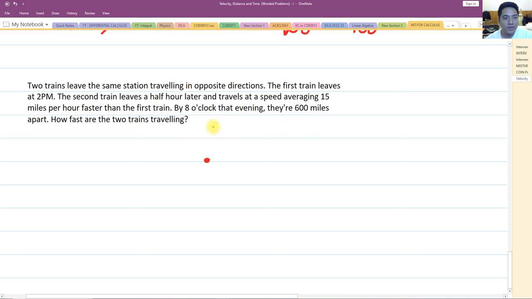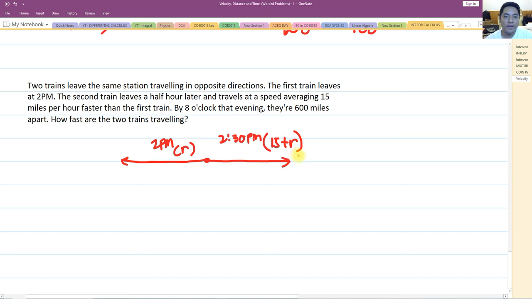So to picture it, we have two trains. One train leaves the station at 2 p.m. traveling, and the second train leaves at 2:30 p.m., averaging 15 miles per hour faster than the first train. So we don't know the rate of the first train, but the second train is faster than the first train by 15 miles per hour.